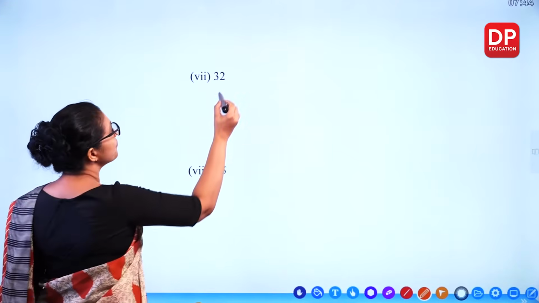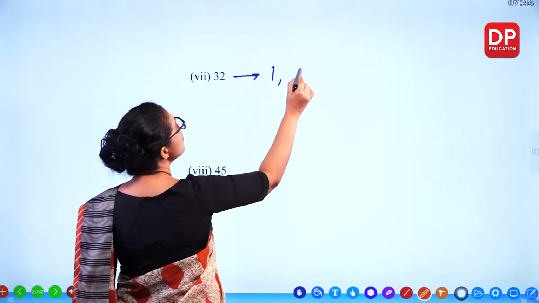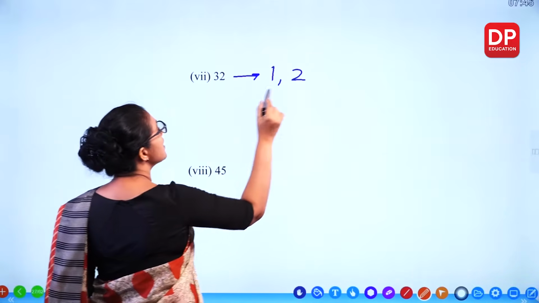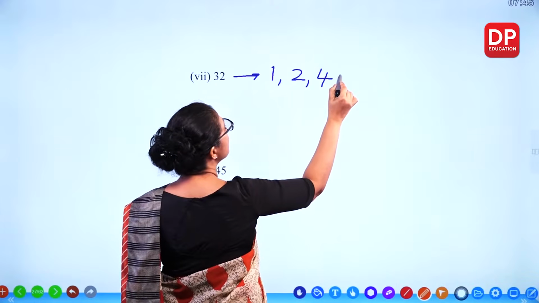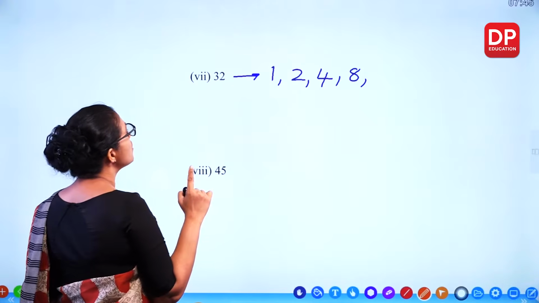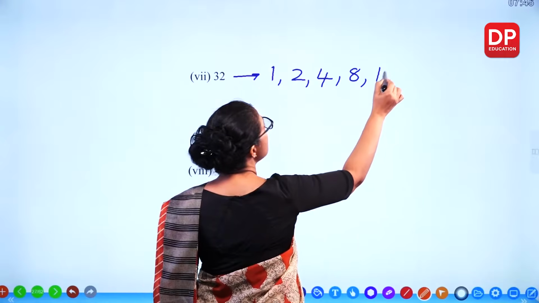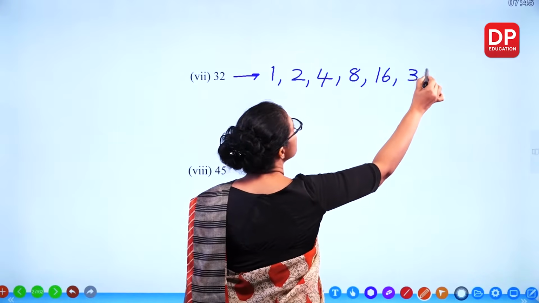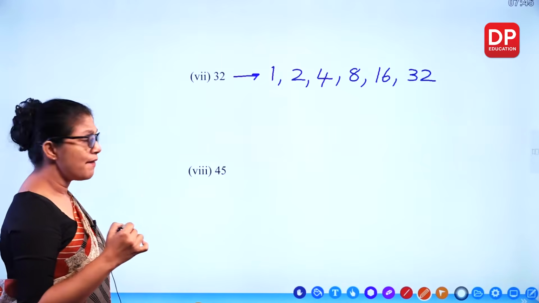32. 1 times 32. 2 times 16. 4 times 8. Then 2 times 16 and then 1 times 32. 45.